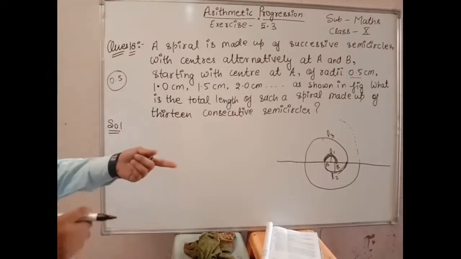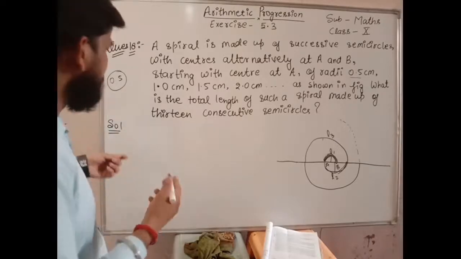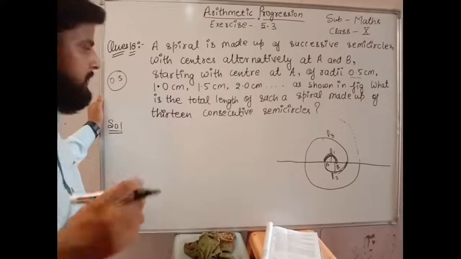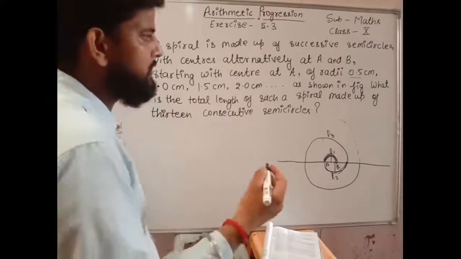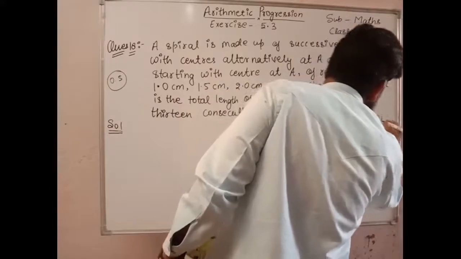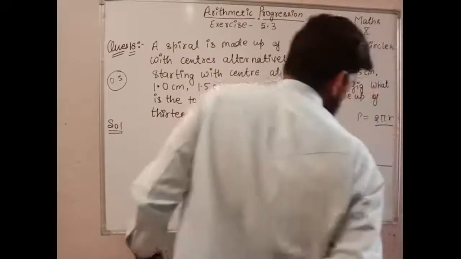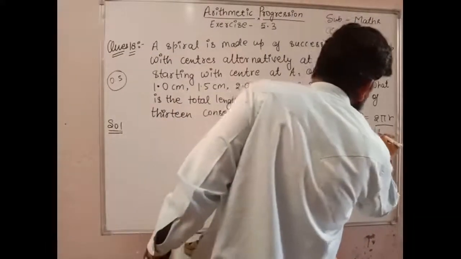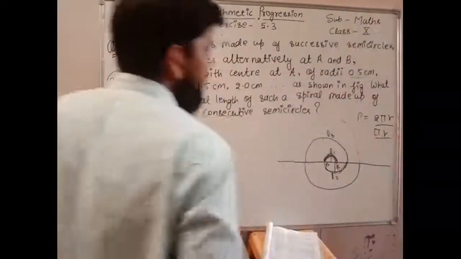How do we calculate the length of a semicircle? What is the formula for the perimeter of a circle? The perimeter of a circle is equal to 2 pi r, and the perimeter of a semicircle is equal to pi r.